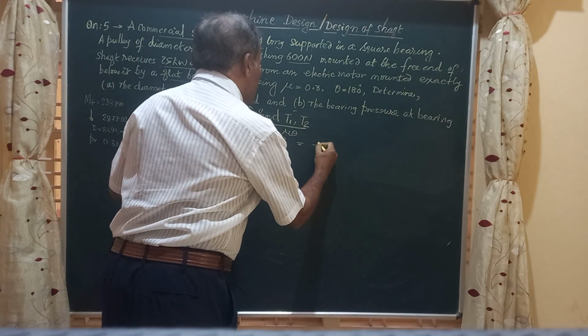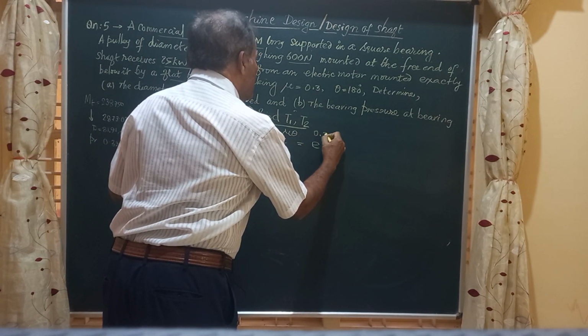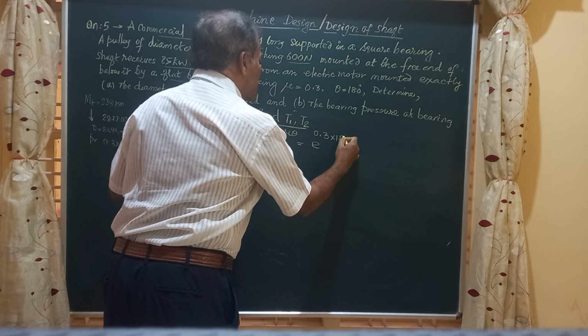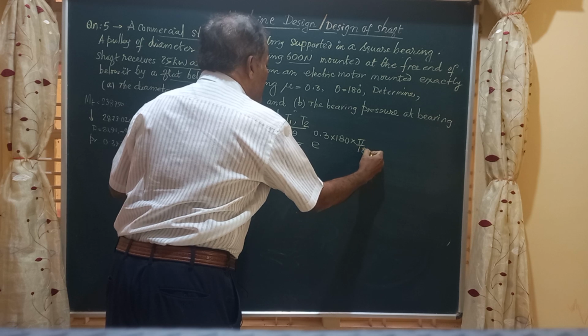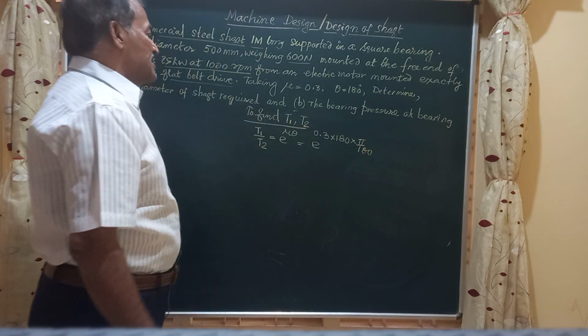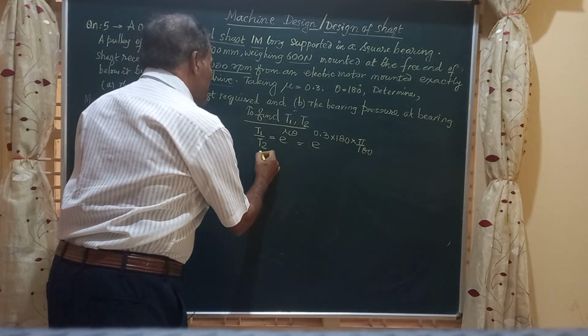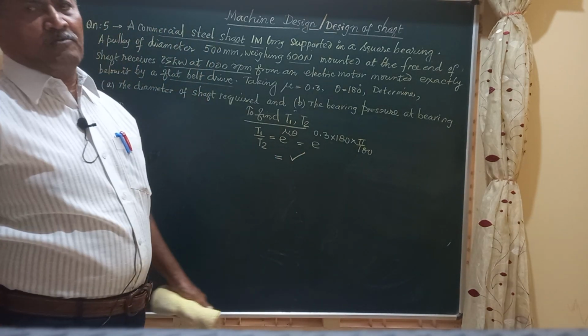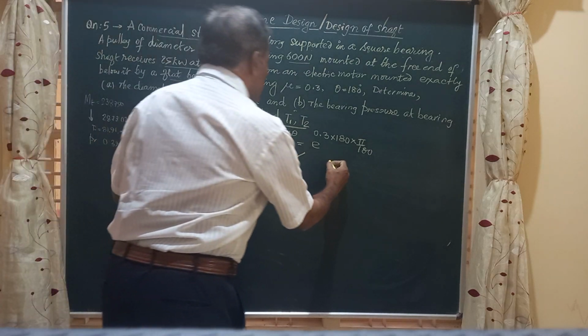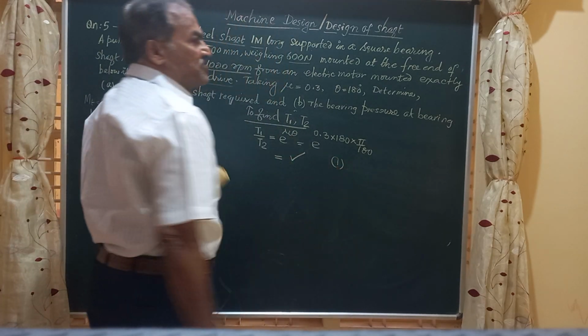So mu is 0.3, theta is 180 degrees multiplied by pi by 180. This pi by 180 is to convert that to radians. Friends, you get this ratio, so you'll be able to find out what T1 by T2 is. So we call this equation number 1.